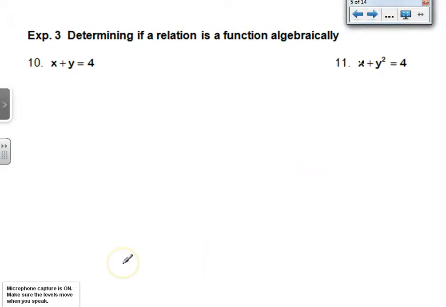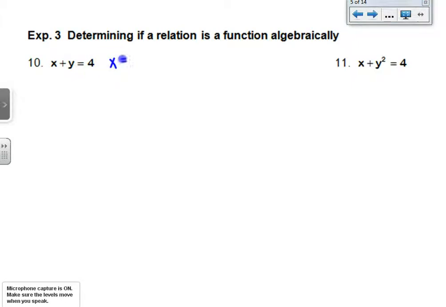So determining whether or not it is a function based on algebra, there's a couple different ways you could do it. I'm not real good at coming up with a way to explain whether or not this is going to give you more than one value of y for any particular x value.